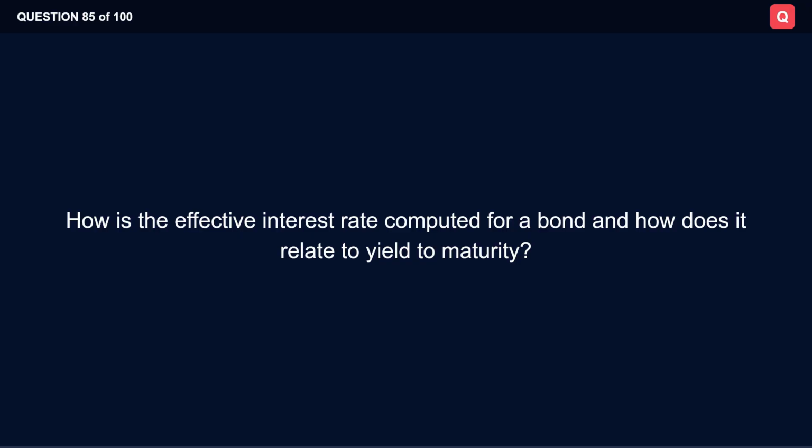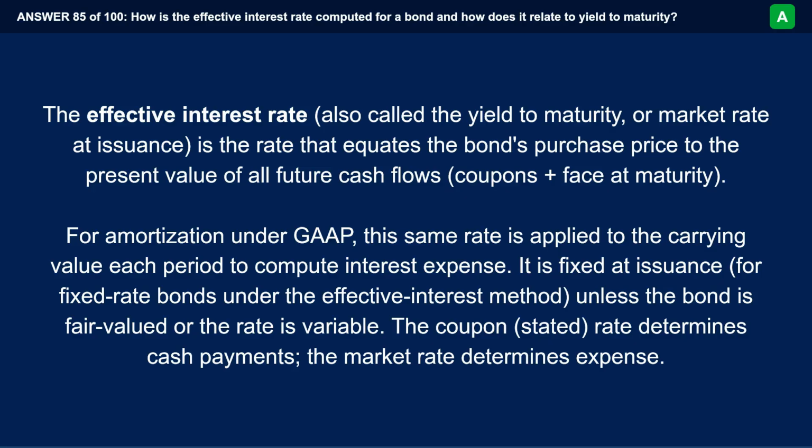How is the effective interest rate computed for a bond, and how does it relate to yield to maturity? The effective interest rate, also called the yield to maturity or market rate at issuance, is the rate that equates the bond's purchase price to the present value of all future cash flows, coupons plus face at maturity.